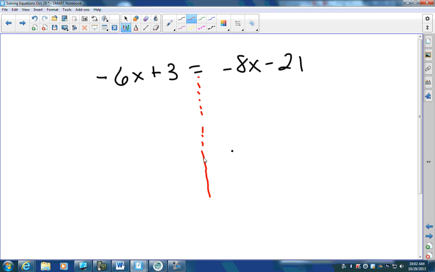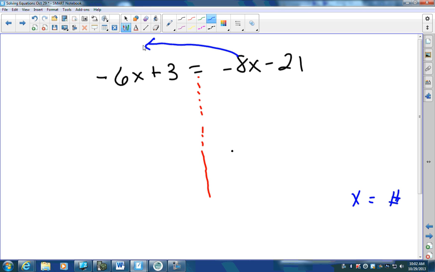But to be able to solve this, we need to move our x's to one side. So our x's have to be on one side and our numbers on another. Normally you'll hear me say it doesn't really matter which one, but to help us with one of our next units with inequalities, it's easier if you work on just moving your x's to the left.